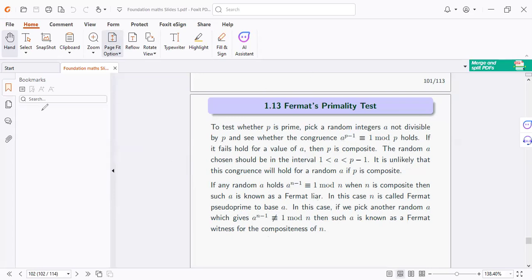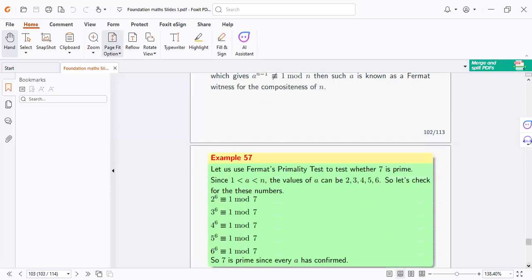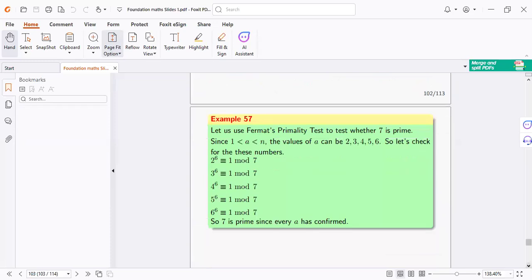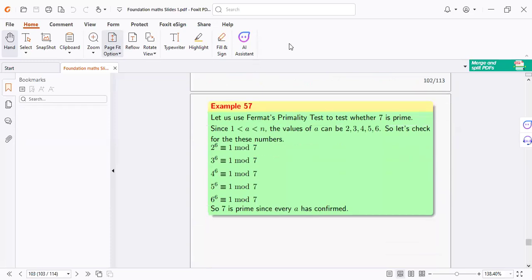Now, let me show you an example. I want to test whether 7 is prime. So I pick a small number. For me to be sure that 7 is prime, I'll test all the small numbers less than 7.